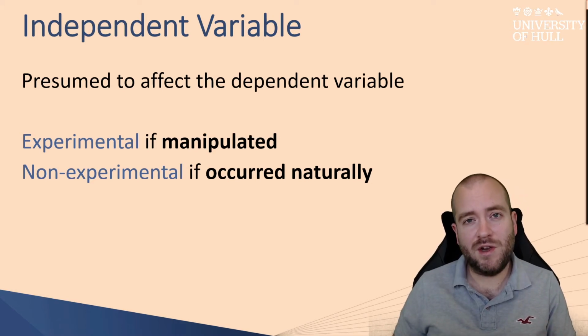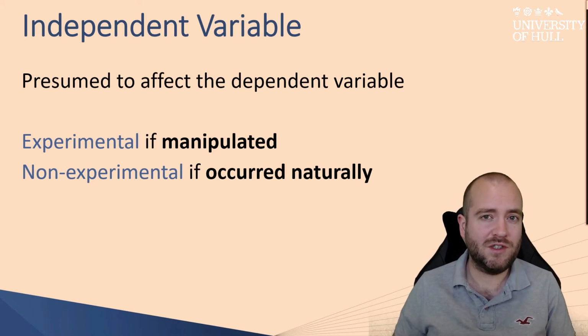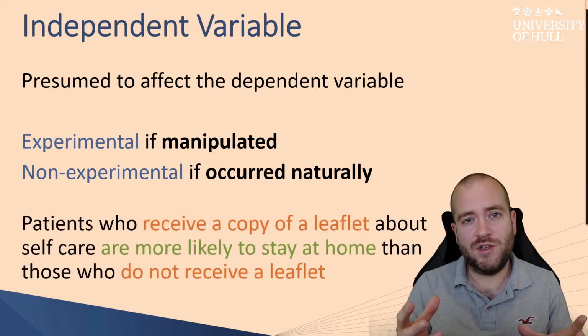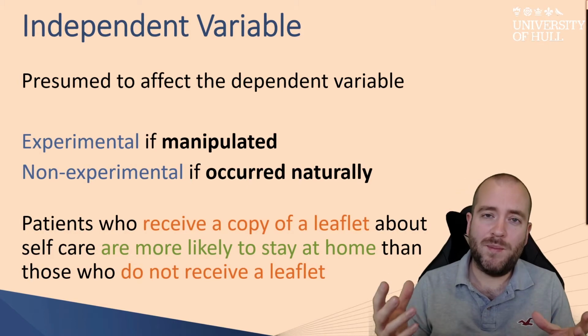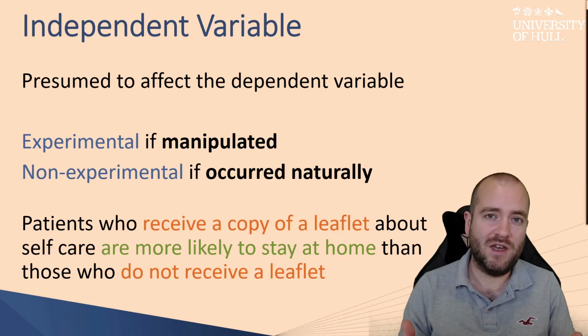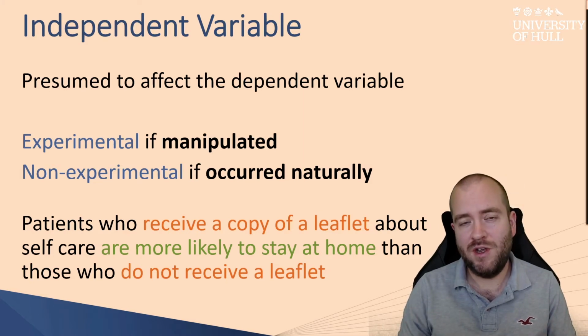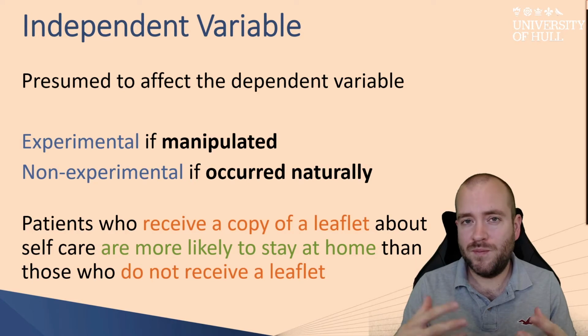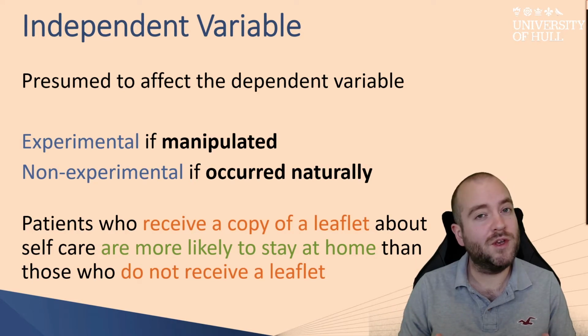Let's take a look at our research question and decide how we could actually make it an experimental or non-experimental study. We've got the same research question here about patients receiving a leaflet or not, and deciding if this is going to make them more likely to stay at home. So say you've got a patient with a low-grade fever and you don't want them to go into hospital, but you want them to self-manage with paracetamol, for example.